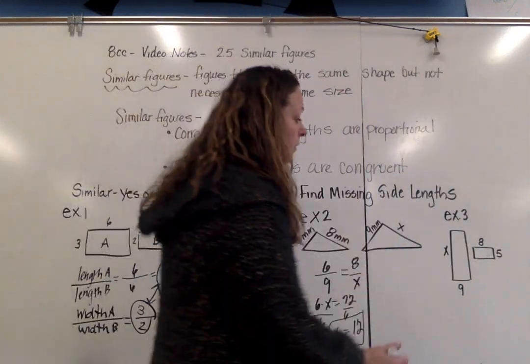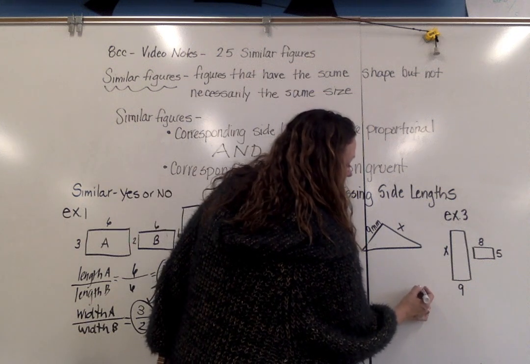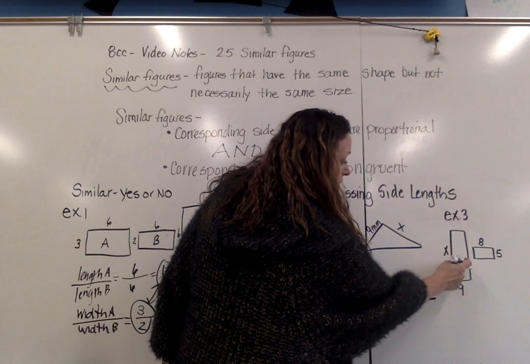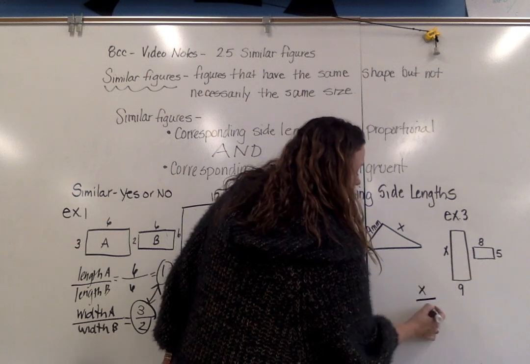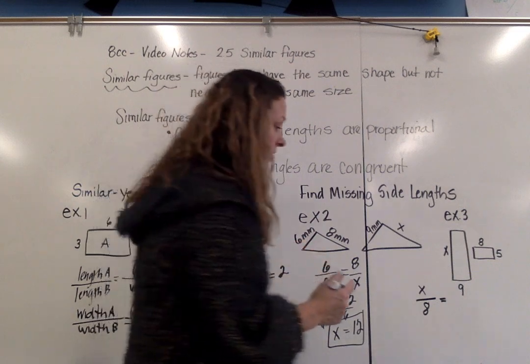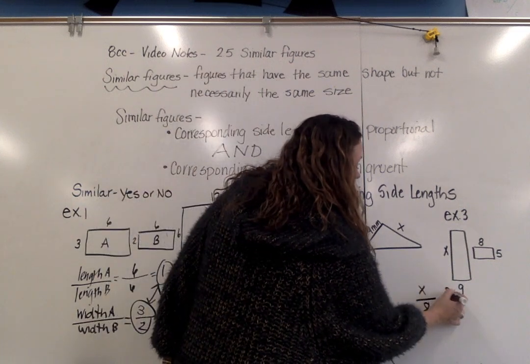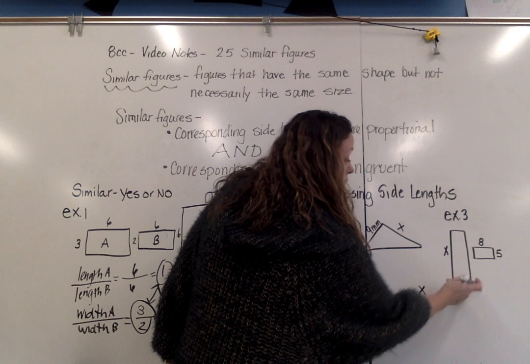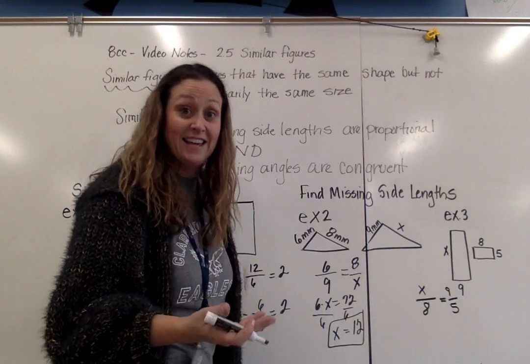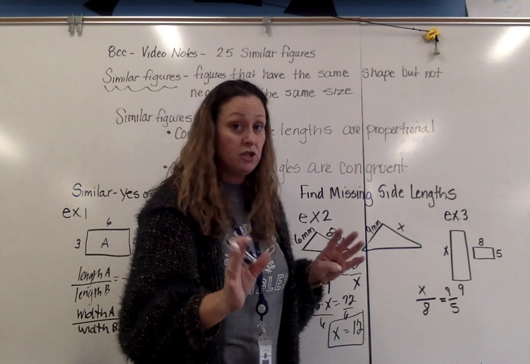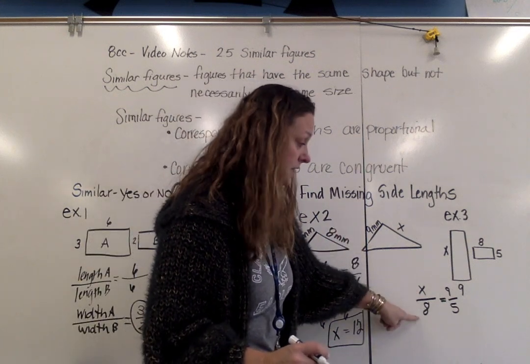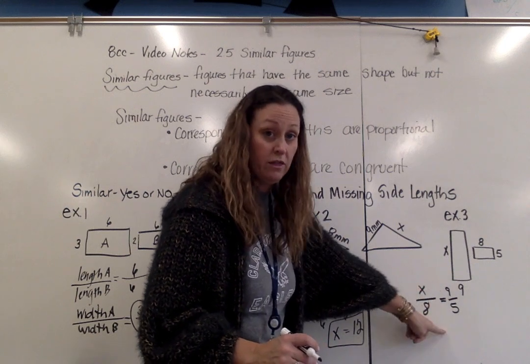In example 3, I'm going to say the long length of the first figure over the long length of the second figure is equal to the 9, which is the width of the first, compared to the width of the second. Okay? So I want to make sure I'm clear on this. This is length, length, width, width.